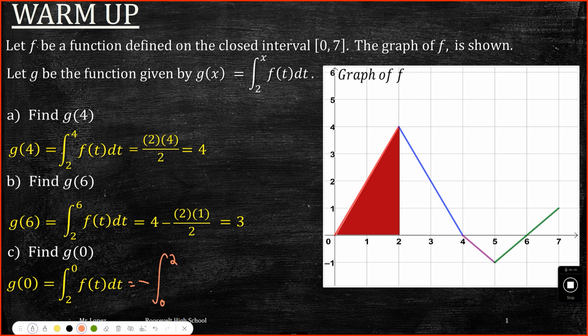Just flip the bounds, and then you can go f of t dt. Then we are looking from 0 to 2 of f of t dt, which is positive, but then we put the negative, so it becomes negative 4, just by looking at the property in another way. No? We'll go over those properties later.